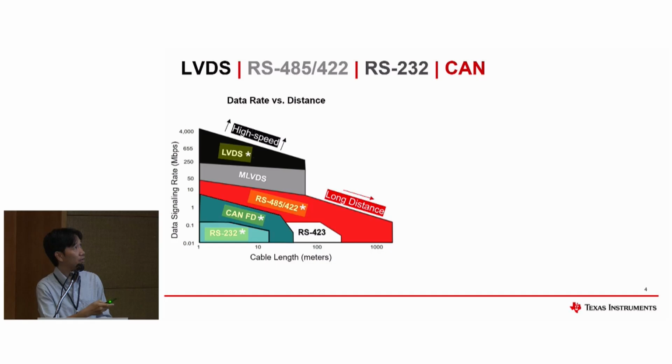This is a diagram showing the relationship between signal length and data rate. I think most of the standards are familiar to you already. RS-485 and RS-422 can provide you with the longest transmission line length, up to about 1,000 meters.